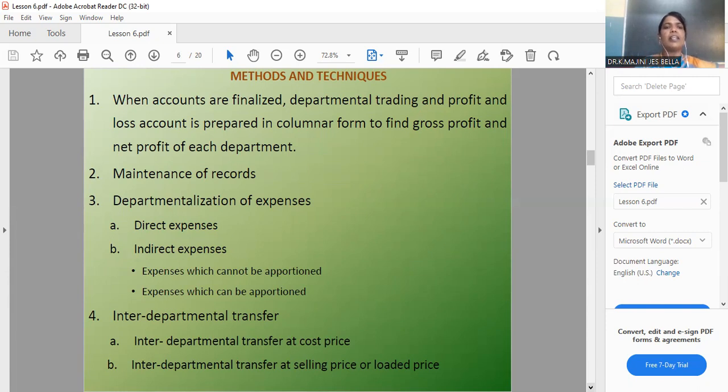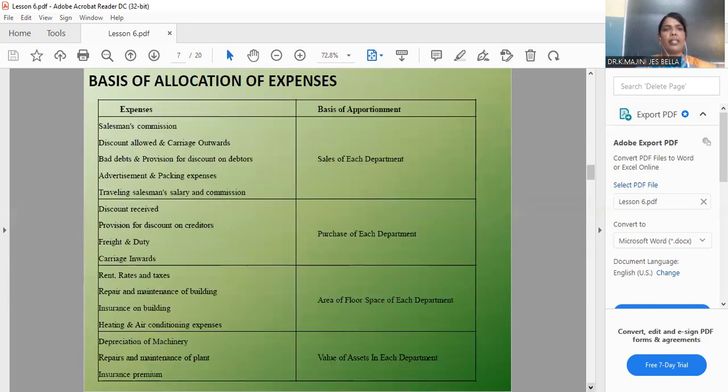Indirect expenses are connected with expenses which cannot be apportioned and expenses which can be apportioned. Then interdepartmental transfer: at a cost price, and at a selling price or loaded price. Then we can see the basis of allocation of the expenses, how they are allocating their expenses.